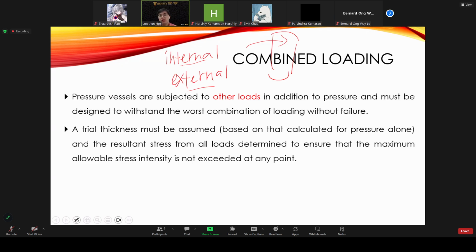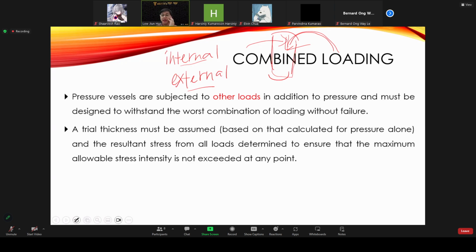For example, if you fill the pressure vessel with your processed liquid or gas-liquid mixture, you need to make sure the pressure vessel is strong enough to support the stress contributed by the weight of the processed fluid you are going to handle.